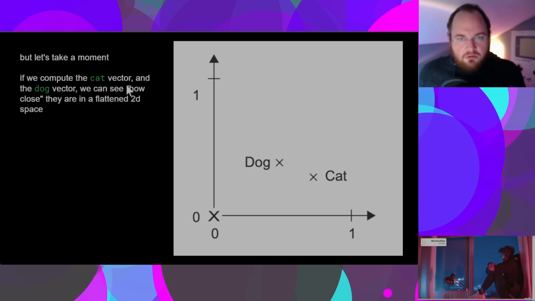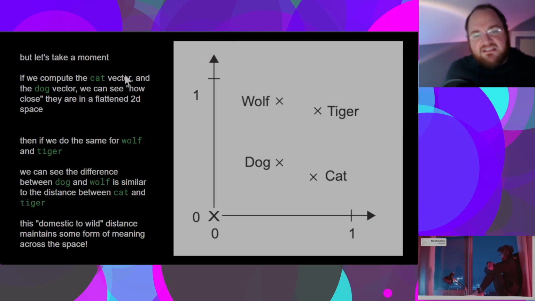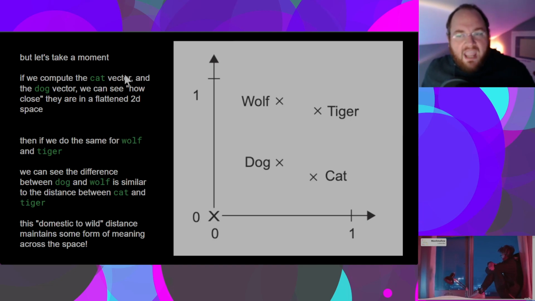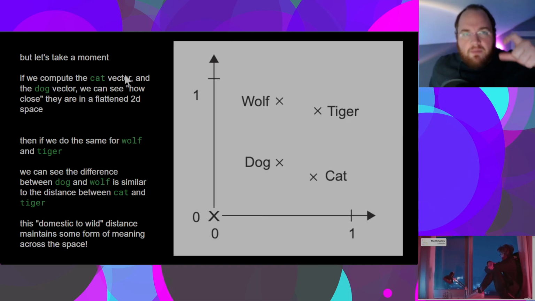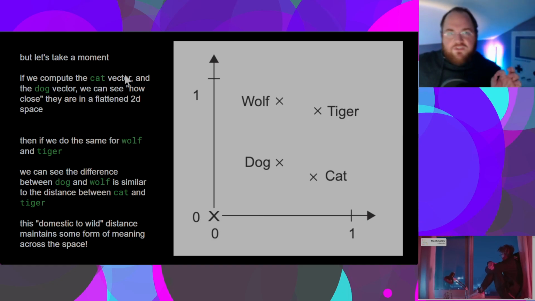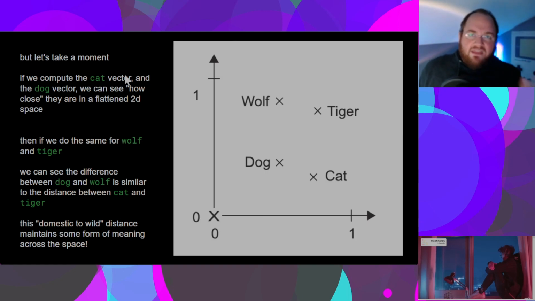We can also do this other interesting thing where if we do the same thing for wolf and tiger now, we can see the difference between dog and wolf is actually similar between cat and tiger. So this concept, this domestic to wild distance, is computable, and it might end up being stable. It's this extra level of abstraction. You'd have to test these things, of course, and using our stupid brute force method, it's not going to be holding up. But this is the kind of stuff you have access to when you get into mathematical space.